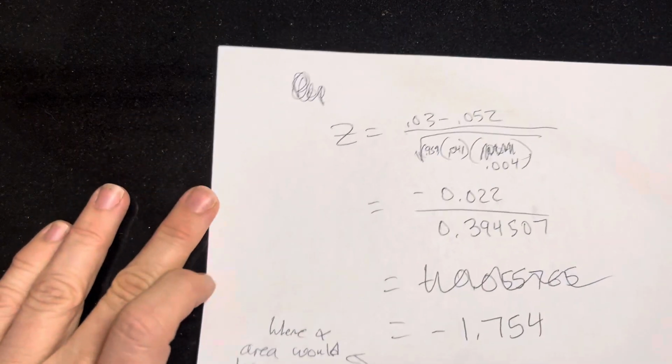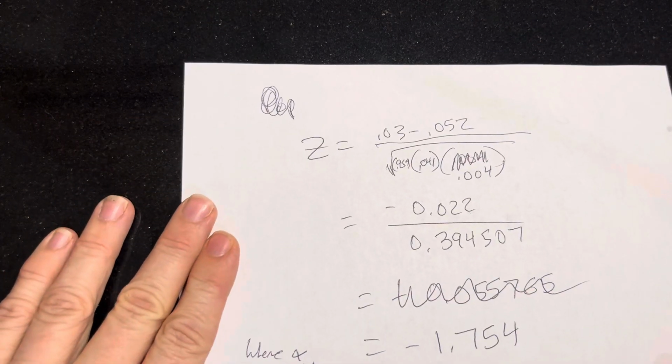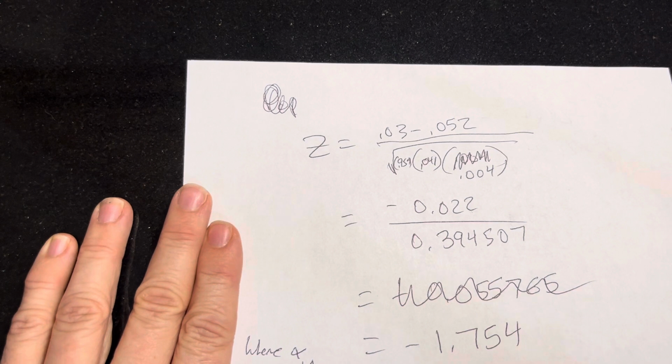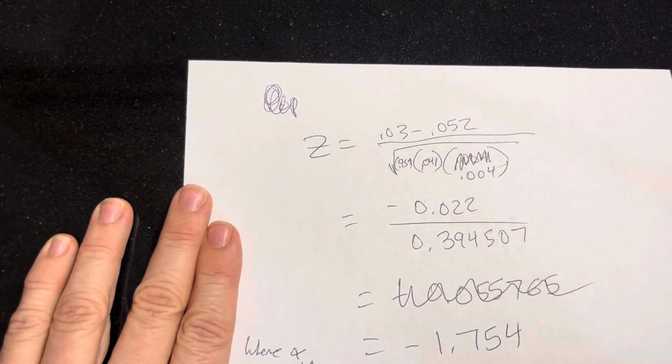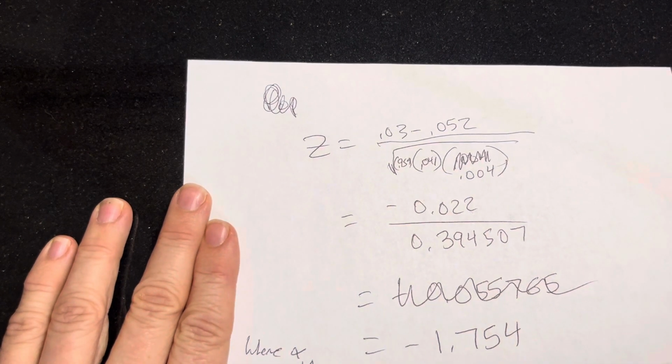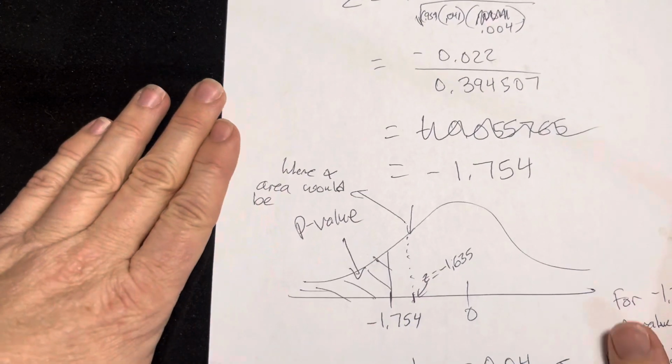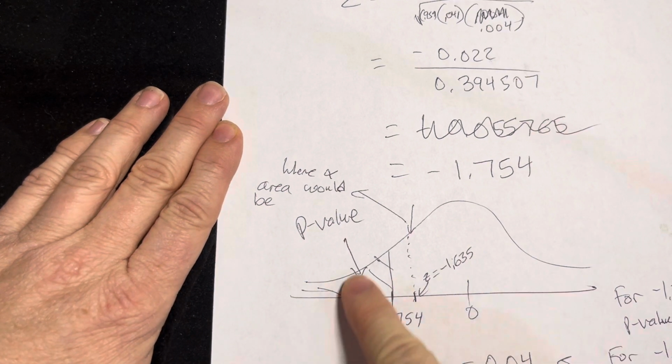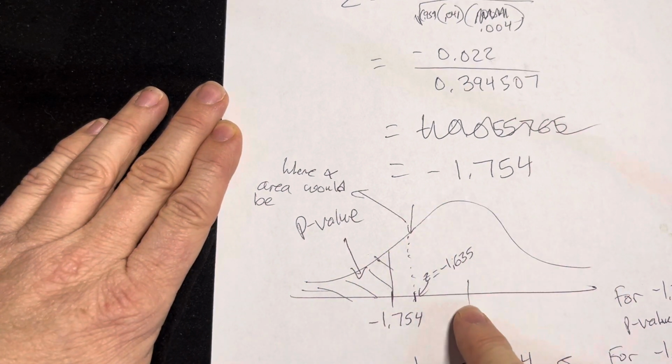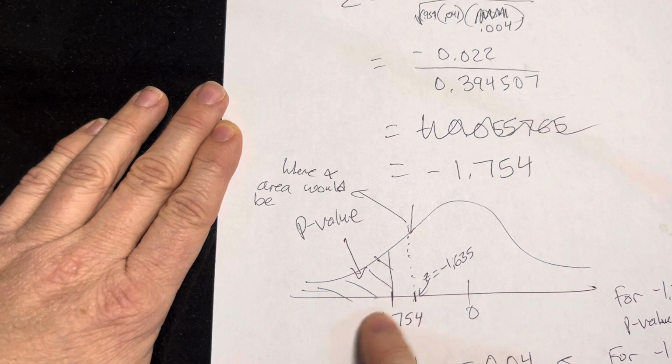We should get a Z value of negative 1.754, which, if you look at it being a less-than for the alternative hypothesis, is a left-tailed test, which makes sense that in this normal distribution, it's going to be on the left on that normal table.